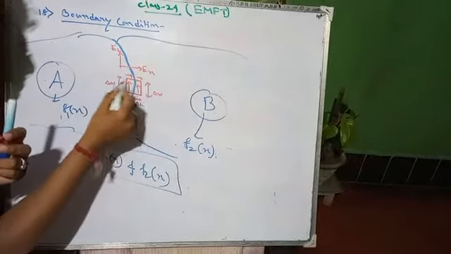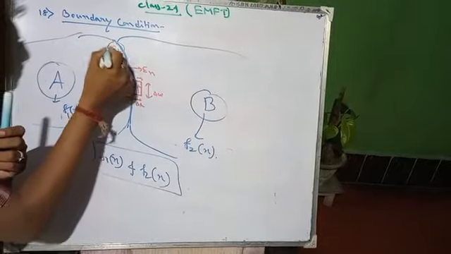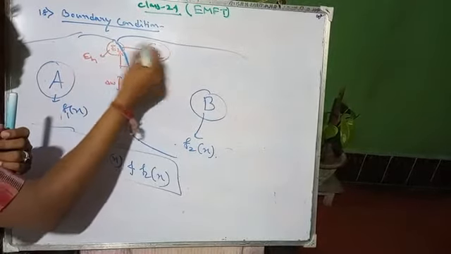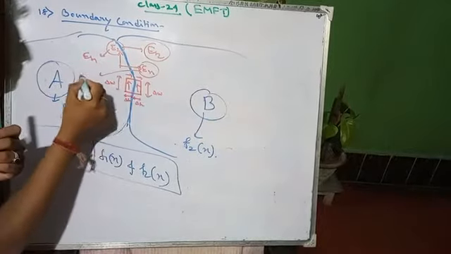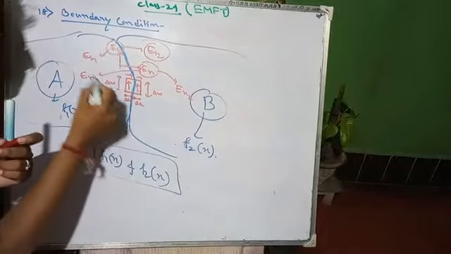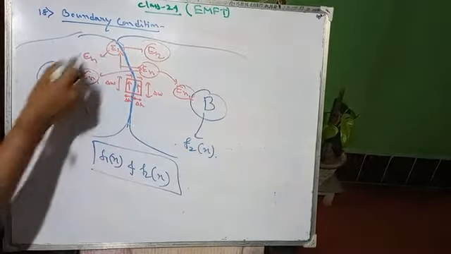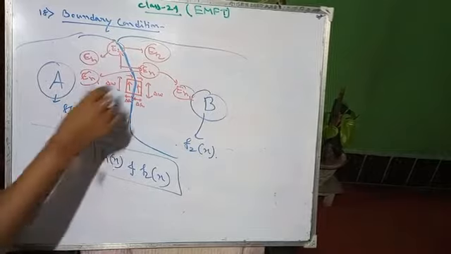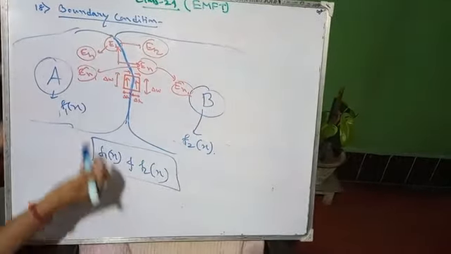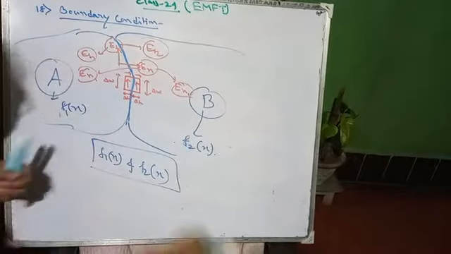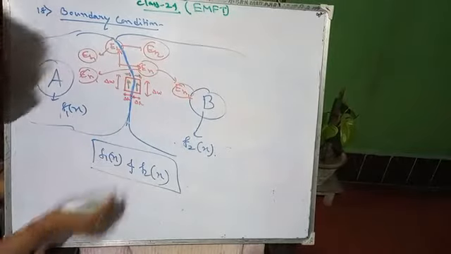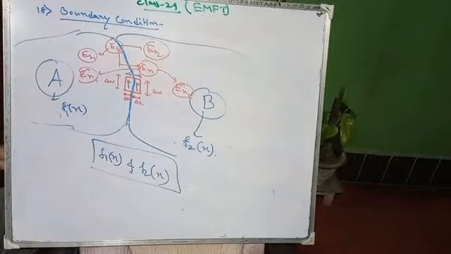So for the first system Et should be Et1, and it should be Et2 for the second system, and similarly En1 for the first system and En2 for the second system. So here we are taking this contour, and over this contour there are two effects: first one is tangential, and another is the normal component.